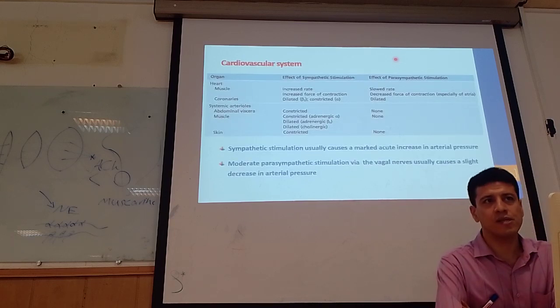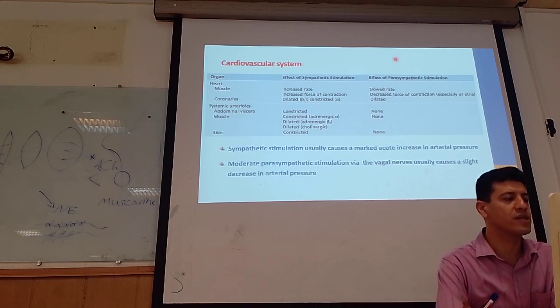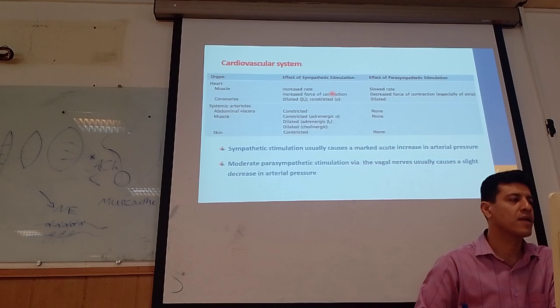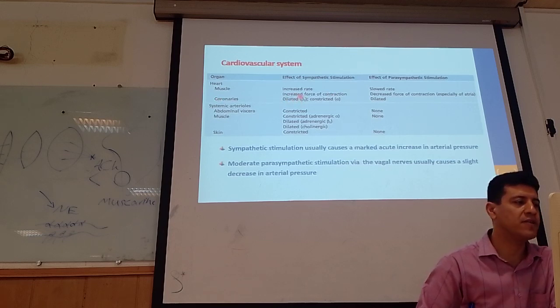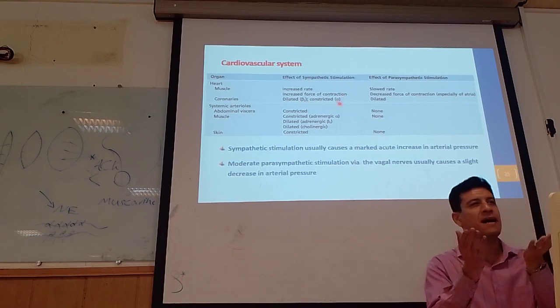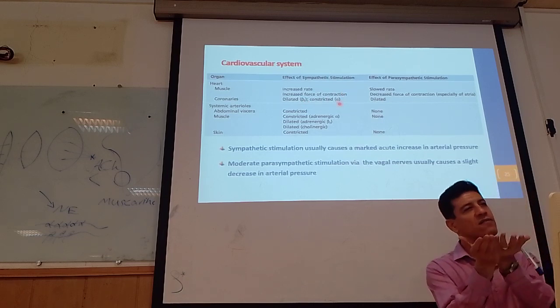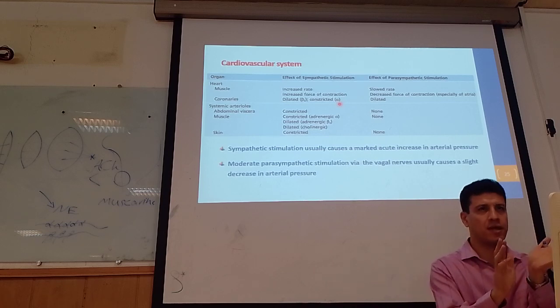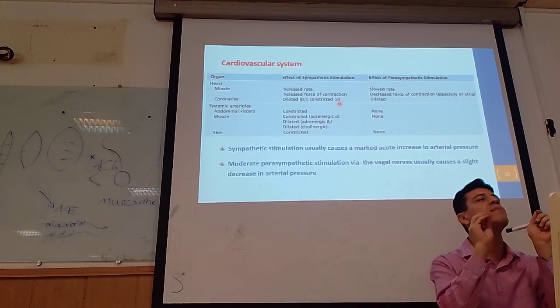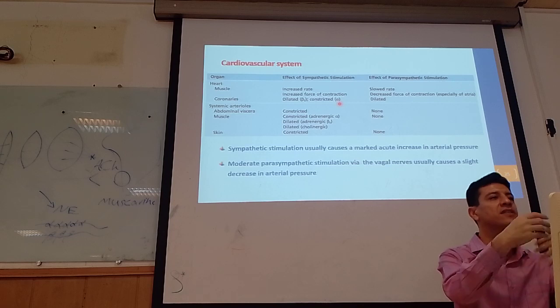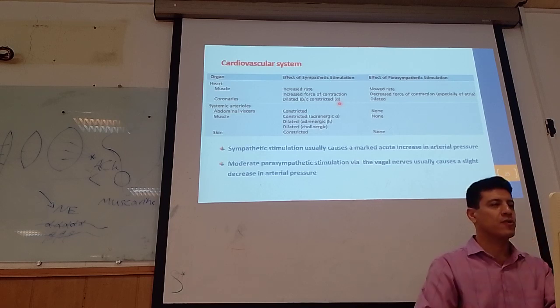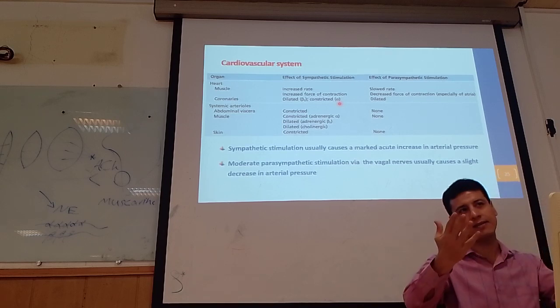Heart rate increases by sympathetic innervation, contractility also increases. Coronary arteries are dilated by way of beta 2, but alpha causes constriction. The balance is slightly in favor of dilation. Okay, so both of them happen, but when sympathetic innervation causes activity in the heart, coronary arteries are slightly dilated.